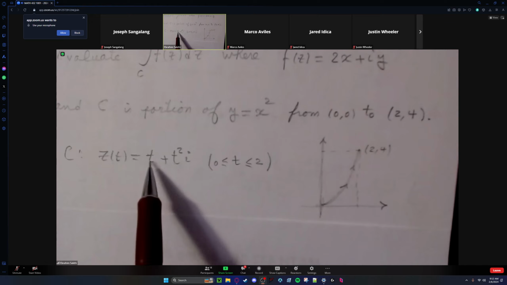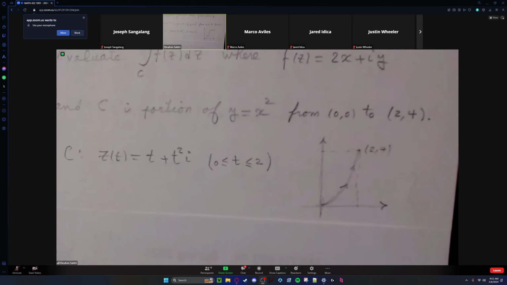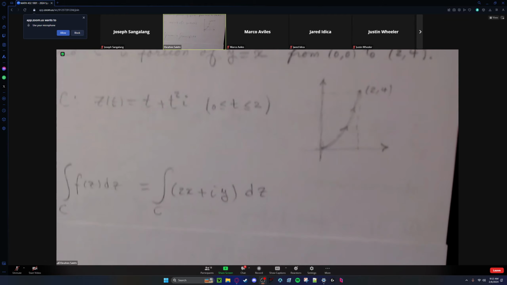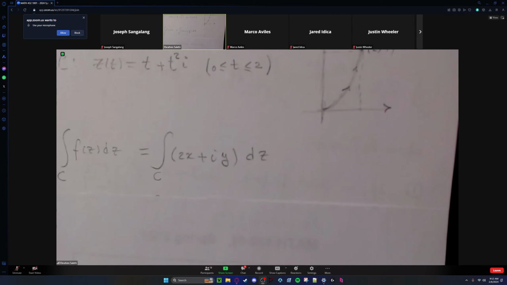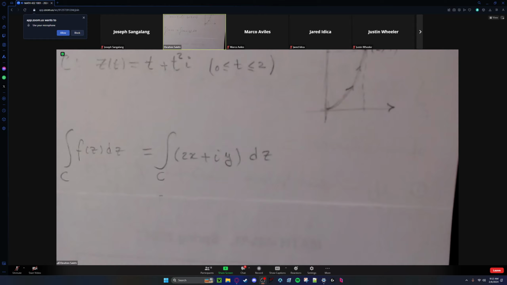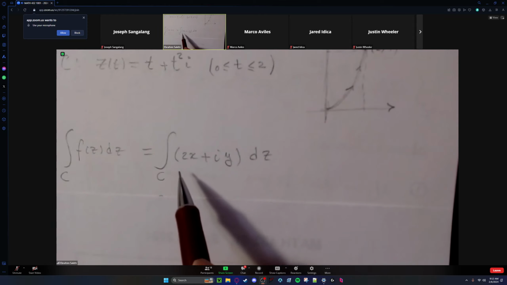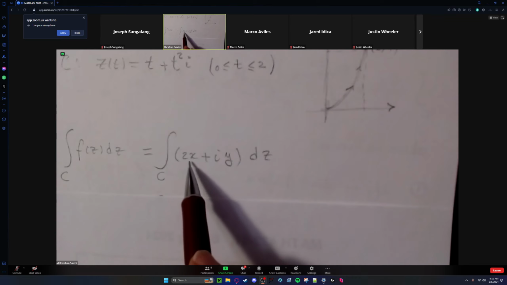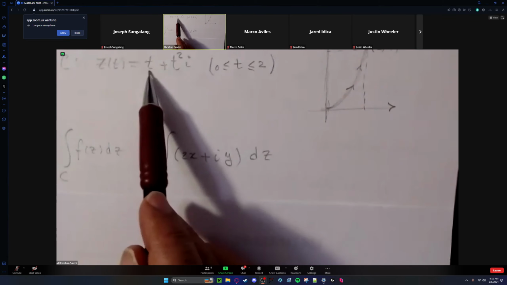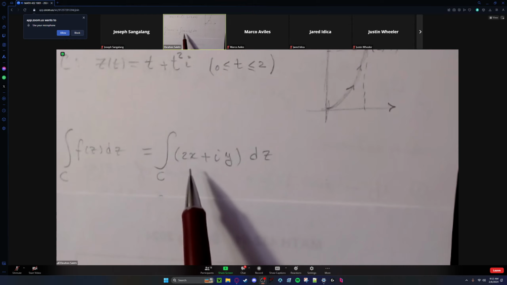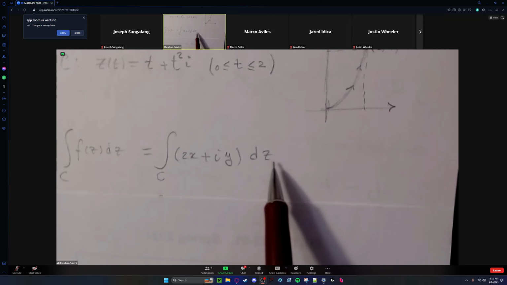So this is the real part, and this is the imaginary part. In the formula that I just told you, here is f of z, u plus iv. But since we are integrating over this curve, your x is t, your y is t squared. It will be 2t plus i t squared dz.